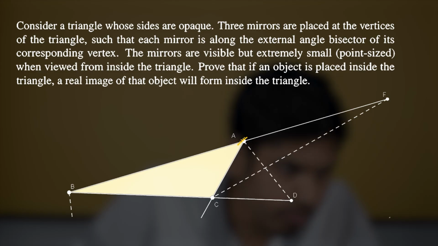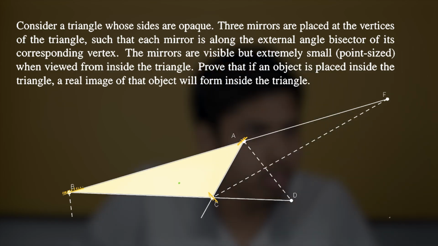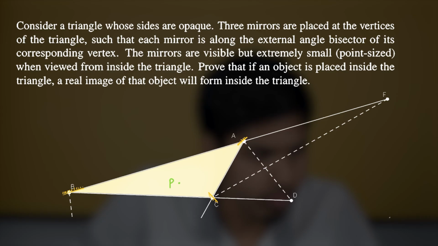So they are placed in this way and in this way. Now take a point inside the triangle, and that is also the position of the object.